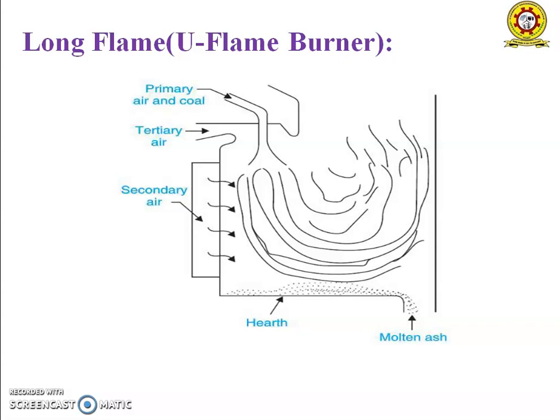Heated secondary air is introduced at right angles to the flame, which provides for better mixing and rapid combustion. If we need additional air, tertiary air is entered. And the long flame provides sufficient time for complete combustion.